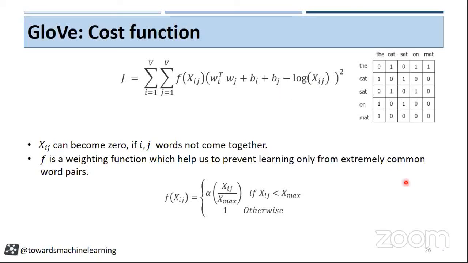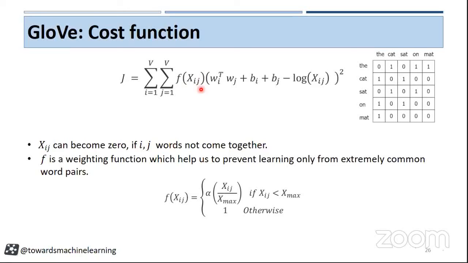Okay, so how can you avoid this case? See the scenario here. There is one option of Laplacian smoothing, where we can add one, 1 plus x_ij. But the GloVe authors have used a different approach to eliminate this kind of problem, with the help of a function f of x_ij.